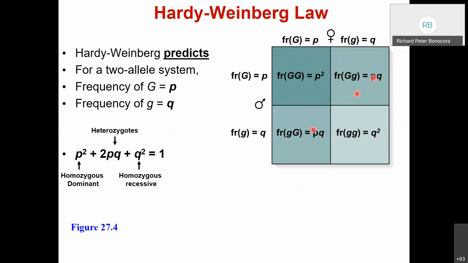That comes out to be the same, so you have 2pq. This is how this equation comes about. These are the homozygous dominant individuals, these are the heterozygous individuals, and these are the homozygous recessive individuals. The frequencies of all of these should equal 100% of the population, or 1.